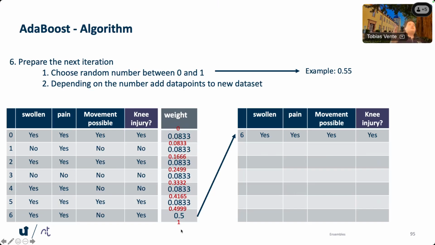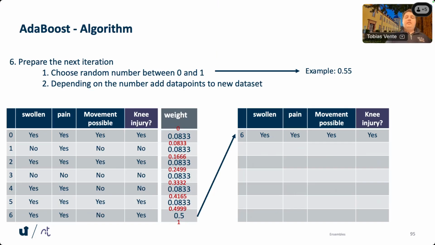The only reason we do it is because then we can sample it somewhat easily. So if we pick a random number, for example 0.55, we just have to look at where, based on the thresholds, it falls to see which data point we are picking. This one is between 0.4999 and 1, so the data point that we would sample based on this random number is the last one.